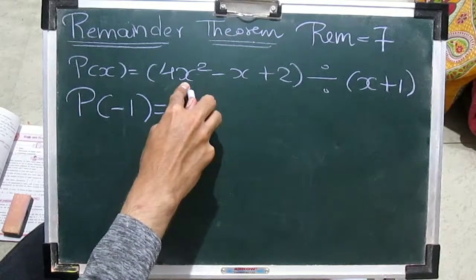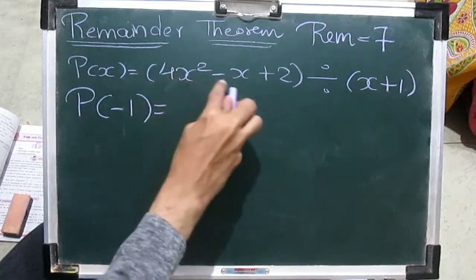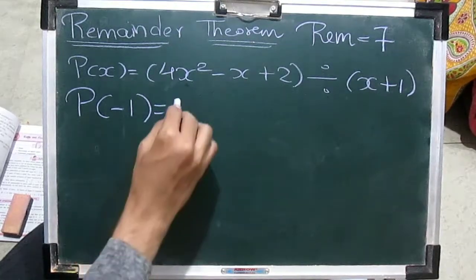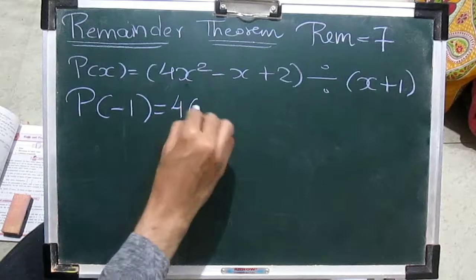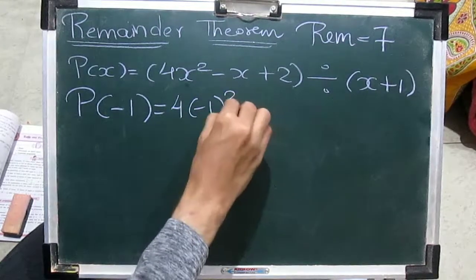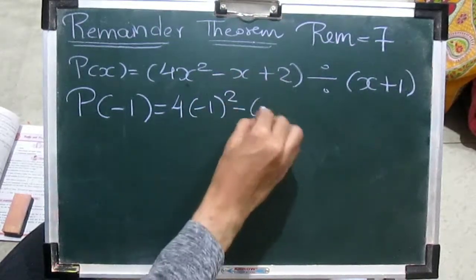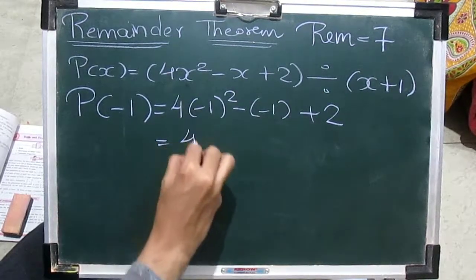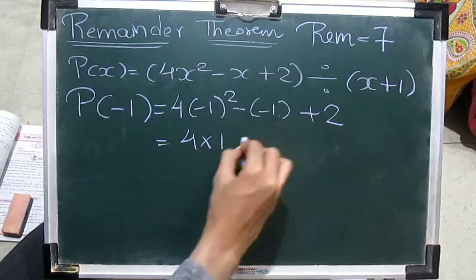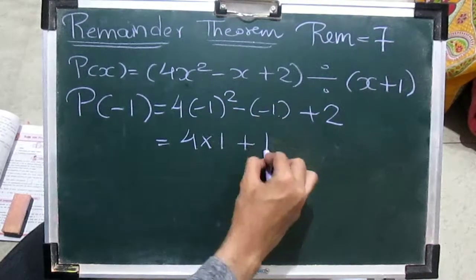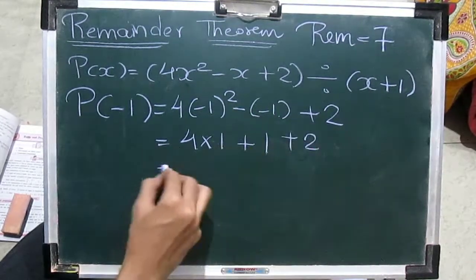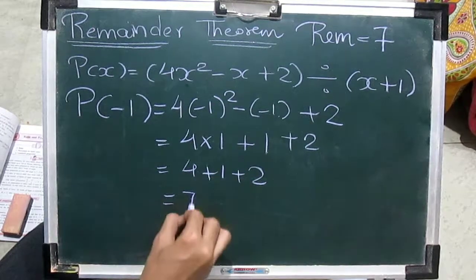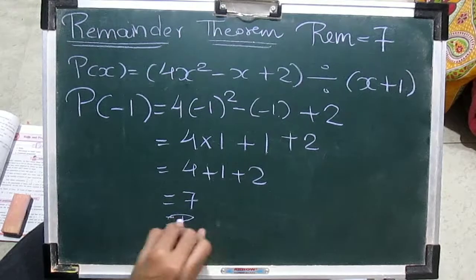So my polynomial 4x square minus x plus 2 becomes 4 times minus 1 square, minus, minus 1, plus 2. Minus 1 square is 1, minus minus is plus, and plus 2. That is the same as 4 plus 1 plus 2, that is 7. So that is nothing but my remainder, correct?